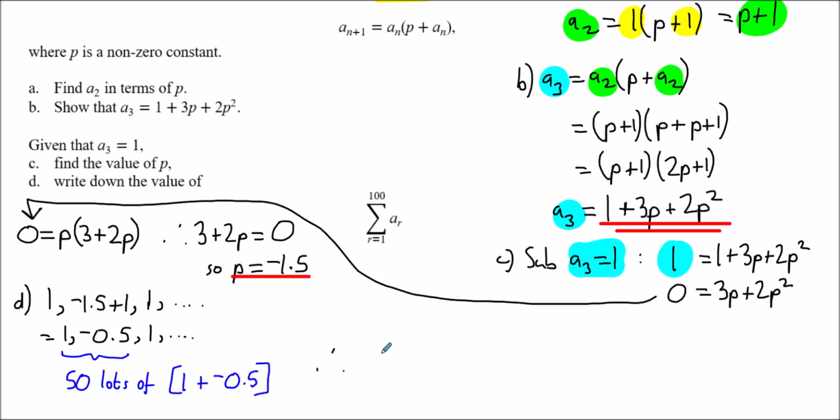So the sum of 100 terms is going to be 50 lots of this pair, so 50 multiplied by (1 + minus 0.5).